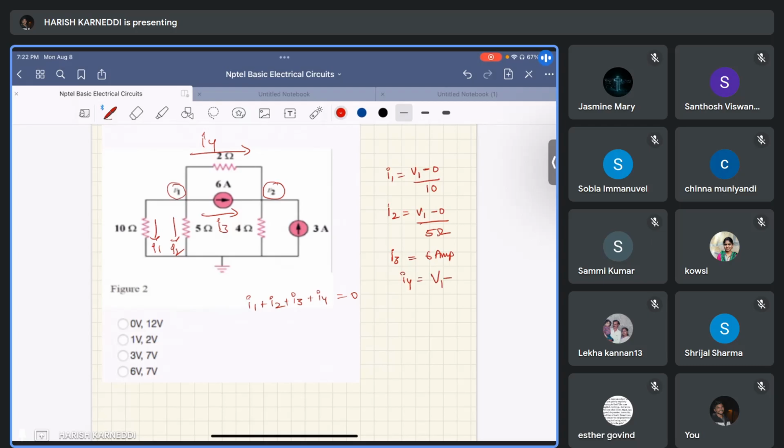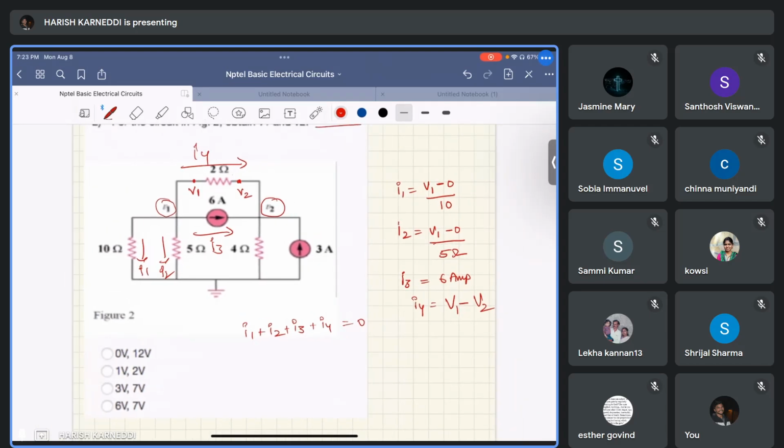And the voltage at node 2 is V2. We are finding this I4 current by using the potential difference across this 2 ohm resistor. Here we have a voltage of V1, here we have a voltage of V2. The potential difference across this 2 ohm is V1 minus V2, right?